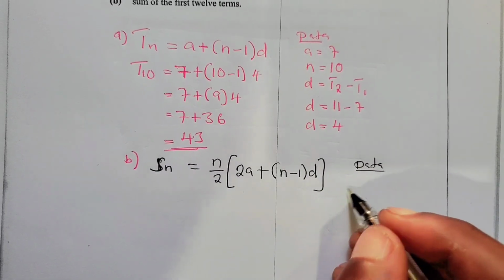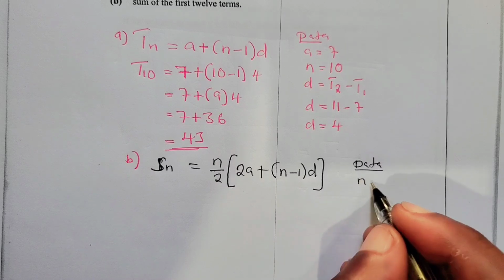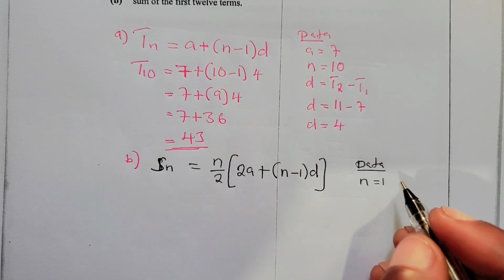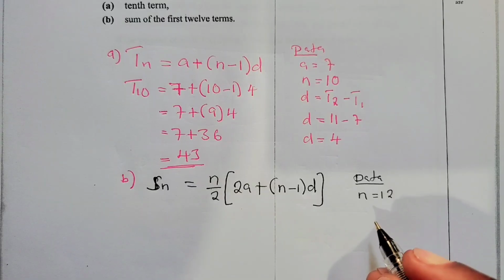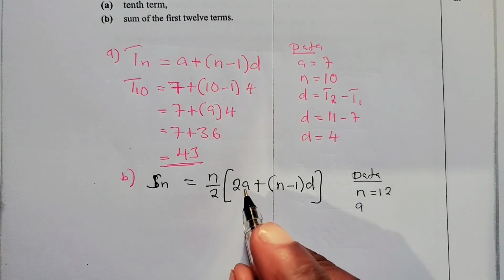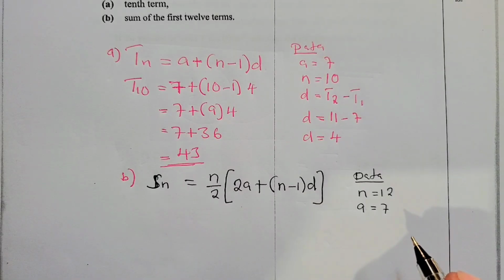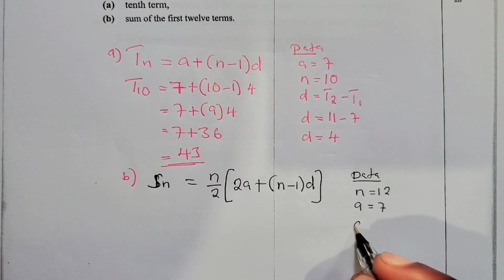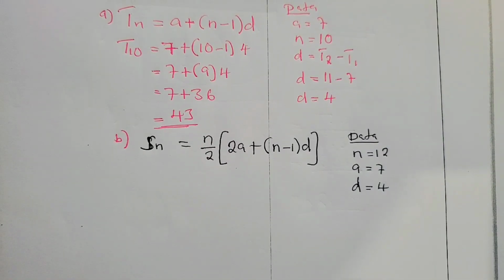And let's substitute the data here, by the way. n here is 12 according to the question. Then a is still 7. Then d is just the same, 4, the common difference. So let's substitute this data.